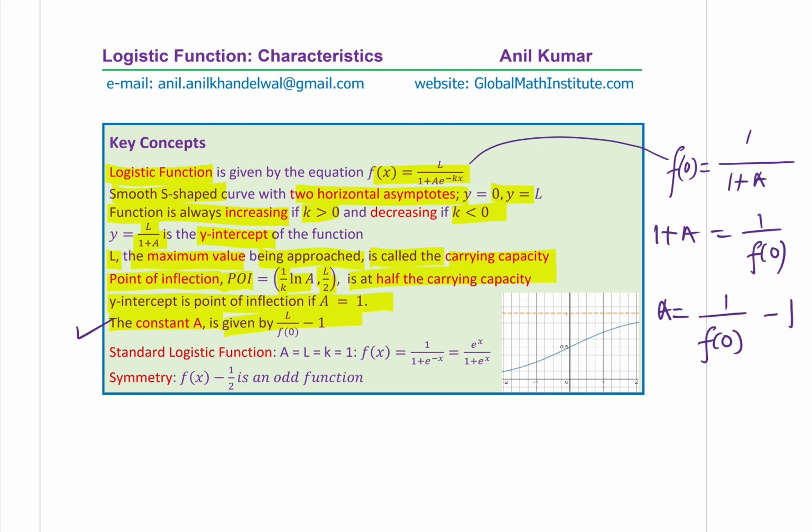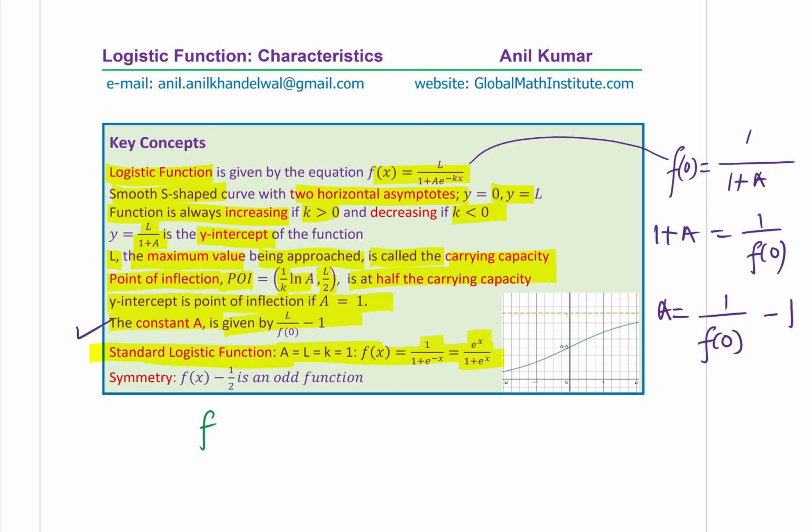Now, this equation is so popular and you find many applications of it. One of the standard logistic functions is when a, L and k all are 1. So the function can be written as 1 over 1 plus e to the power minus x. Let me rewrite this for you.